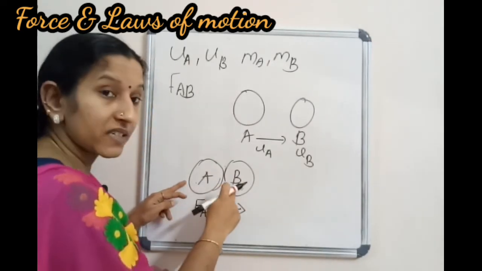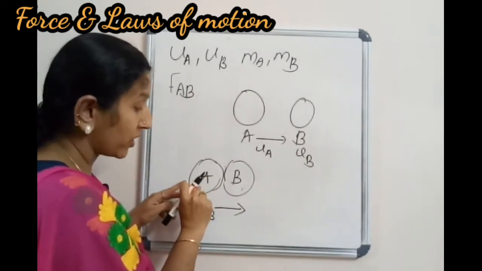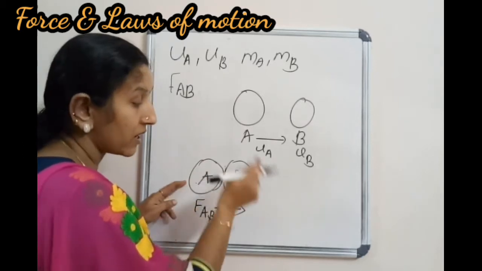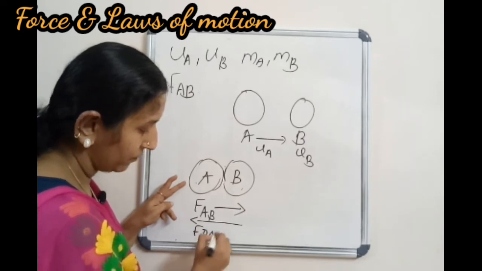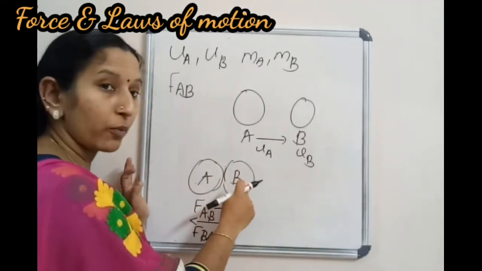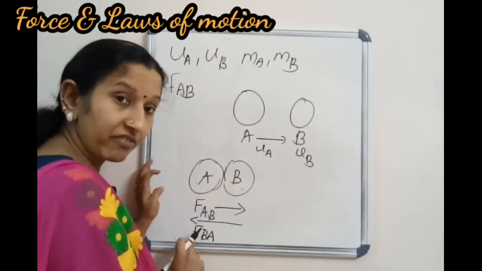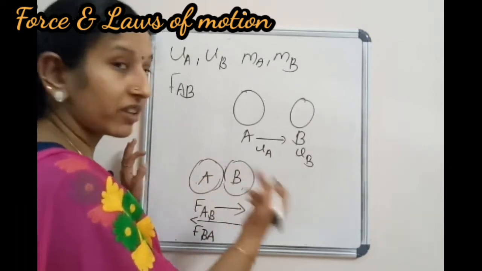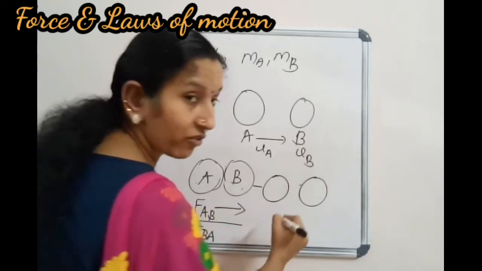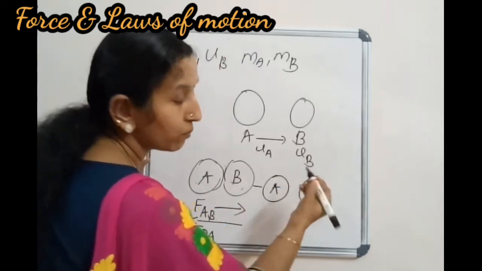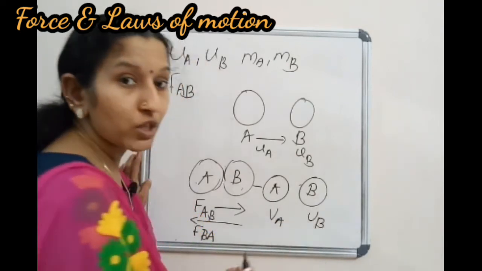At the same time, ball B exerts force on A, that is FBA. Their magnitudes are the same, but the directions are opposite. Then after the collision, these two balls move with their final velocities VA and VB. So this is the activity.